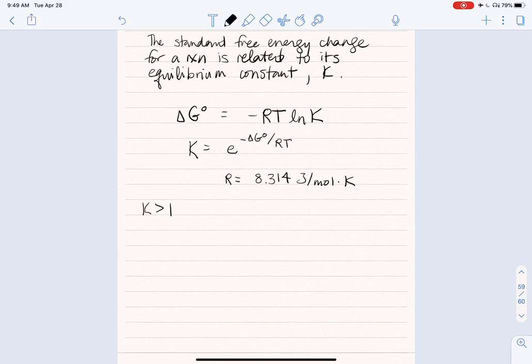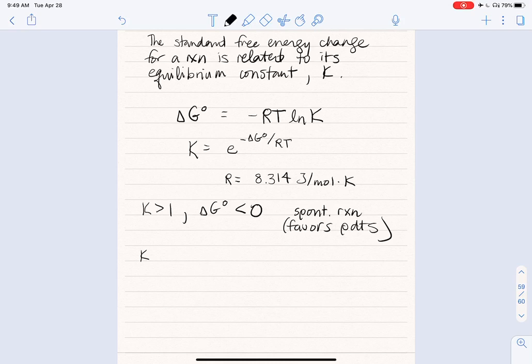So a large K is going to be a driving force towards the products. You're going to have more products than reactants. If you have a large K, you are also going to have a negative delta G. So a spontaneous reaction is, in equilibrium terms, a reaction that favors products.